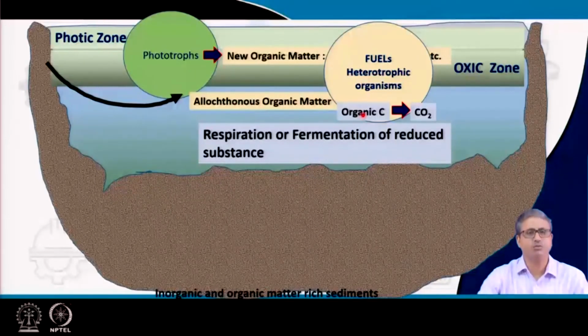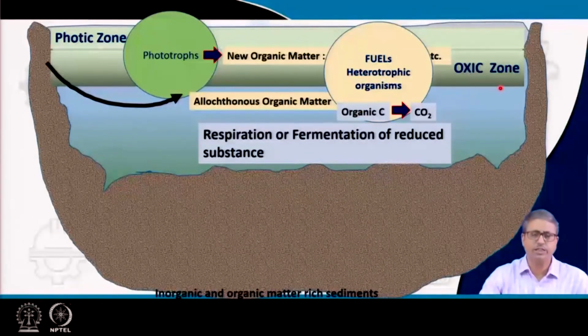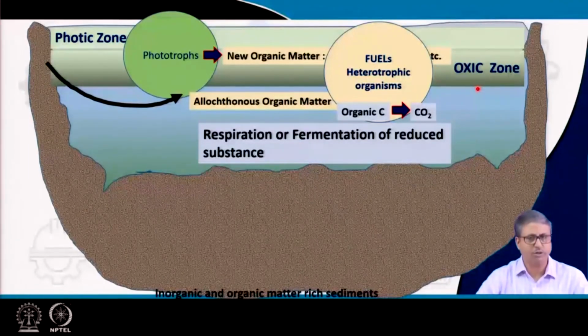This organic carbon will be metabolized through microbial respiration, because oxygen is there. So, using oxygen as terminal electron acceptor, aerobic organisms will respire, or in presence of other terminal electron acceptors, some of the organisms may also grow if oxygen is not sufficiently available at some point of time.